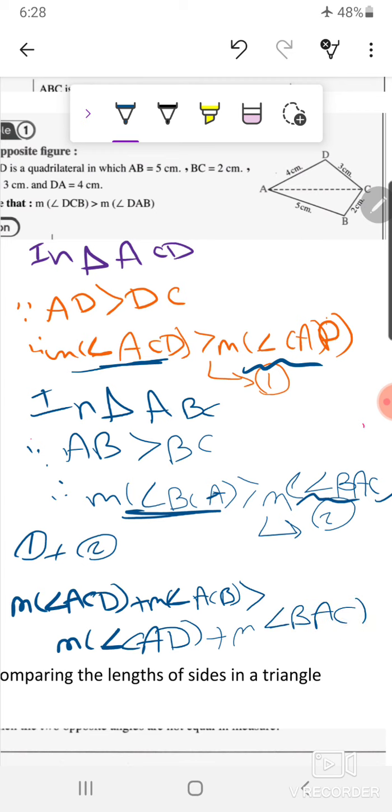When I add this part plus this part, I get measure angle DCB, and on the other side I get measure angle DAB, which is smaller. So this is what was required to prove: measure angle DCB is greater than measure angle DAB. Understand till now?